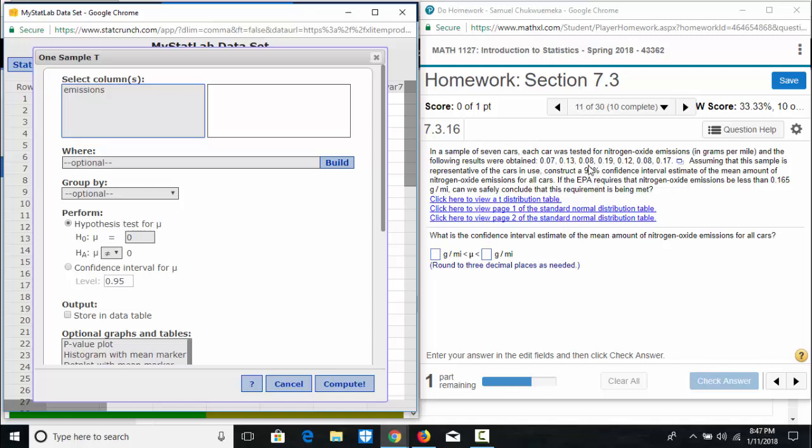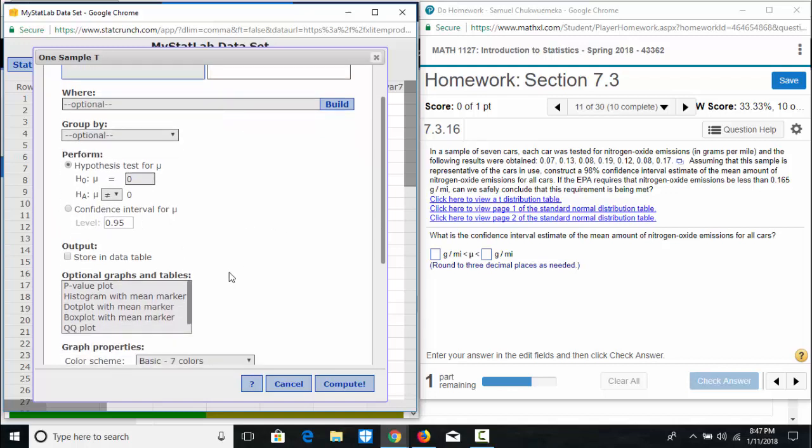Rather, they gave us the data. Select columns to select emissions, that is the data. And we want to construct a 98% confidence interval estimate. So this gives us a confidence level of 0.98. Okay, and you press compute.